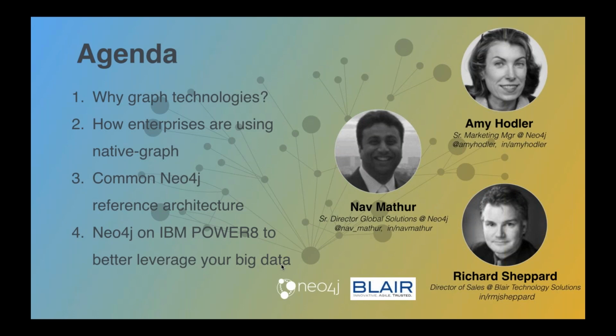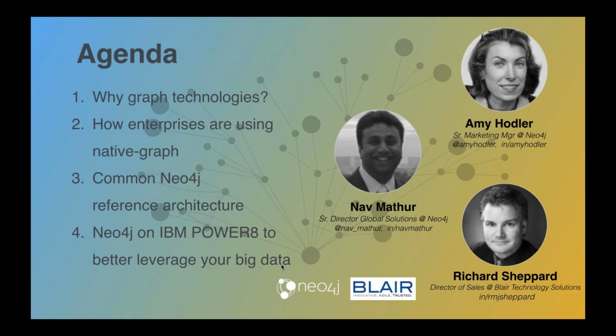Hi, thank you, Jacob, and thank you everybody for joining us today. We're delighted to be here and delighted to have one of our great partners, Blair Technology Solutions, with us. We're going to be talking about 4 different general topics, basically starting off with why graph technologies in general have been so important in these last 2 years for business, how enterprises are using native graph technologies.